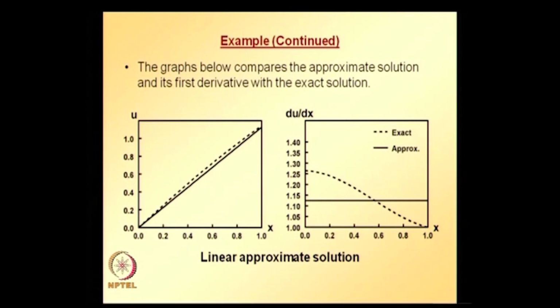And if you want to further reduce the error on the derivative of the approximate solution, you can start with a higher order trial solution, that is, you can take a quadratic or a cubic or higher order.